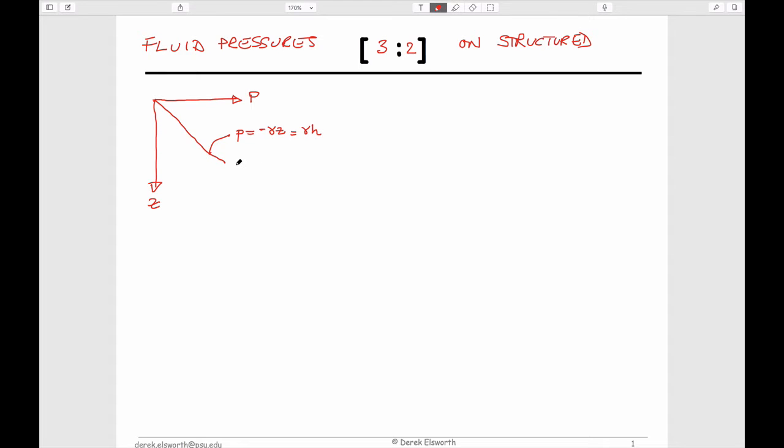So h is a positive number. And so we know that with this pressure distribution, if we have a plate on which this acts, then the pressure distribution that would act there would be given by this triangular distribution.